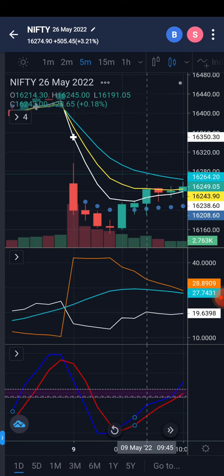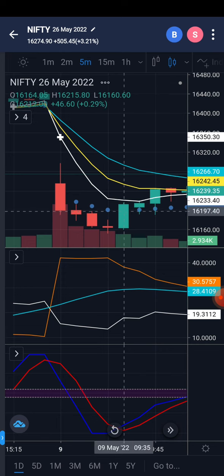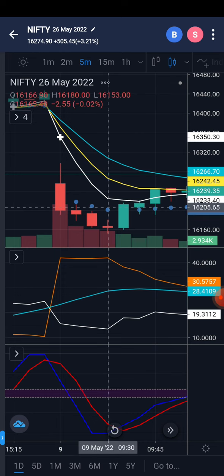The thumb rule is the dotted line here. This dotted line is the VWAP. The candles may be formed above the VWAP, below the VWAP, or at the VWAP. So the basic rule has four possibilities.